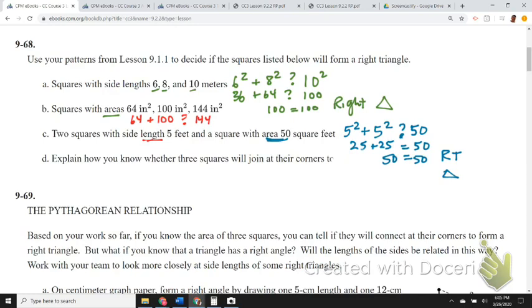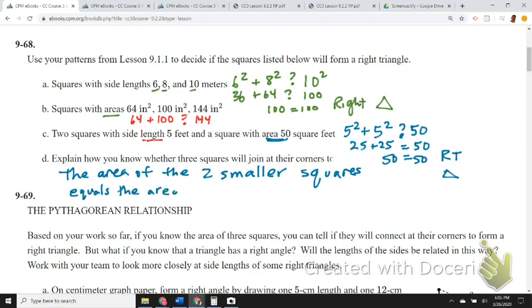Okay, so hopefully you came back, and essentially we know that this is going to be a right triangle when the area of the 2 smaller squares, so you can write the area of the 2 smaller squares, equals the area of the largest square.